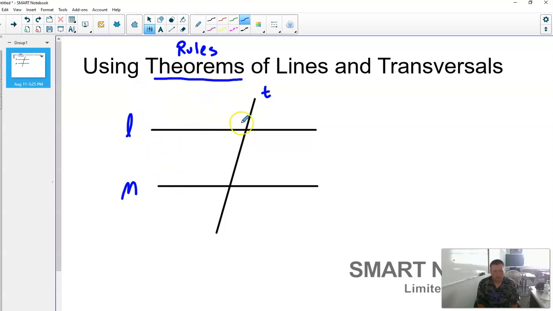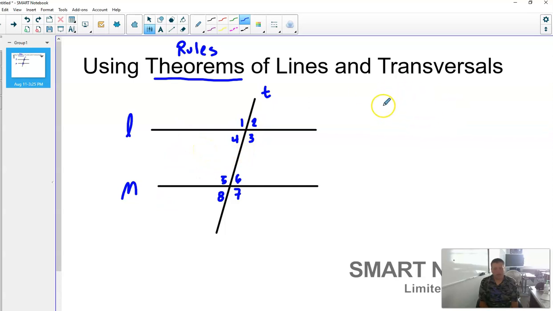So, for example, if I have angle 1, 2, 3, 4, 5, 6, 7, and 8, what would guarantee that these two lines are parallel? Because not everything guarantees it. Just because, let's say, 1 and 2 are congruent to each other, that doesn't prove that L and M are parallel.